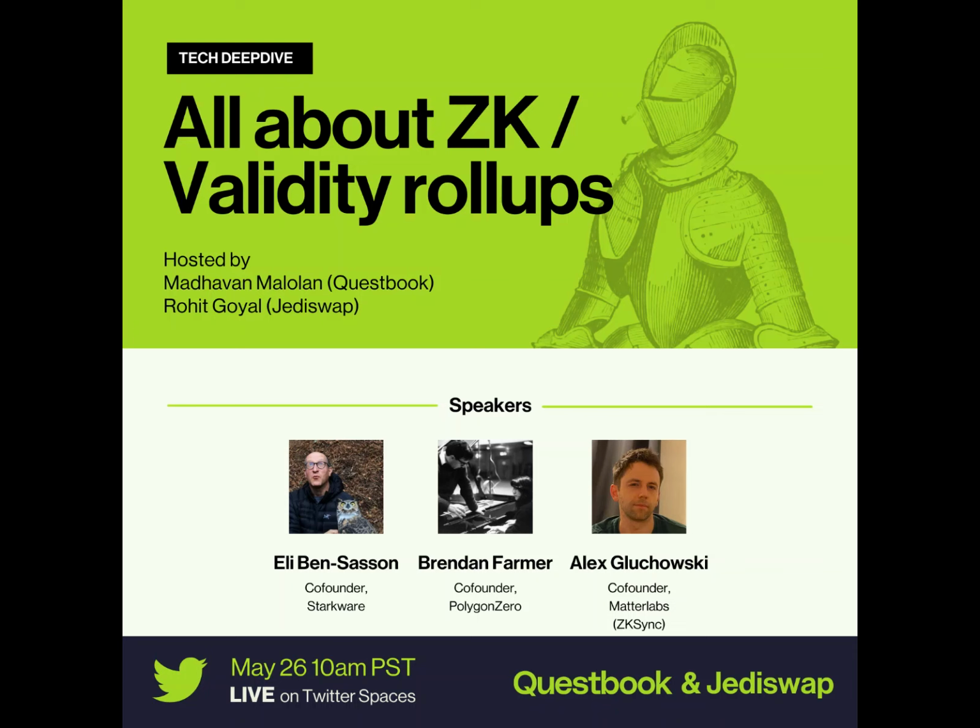Even if dYdX and StarkWare are completely malicious and want to wreak the most havoc they can, they cannot steal funds. In the dYdX system, there's roughly $1 billion of USDC locked.